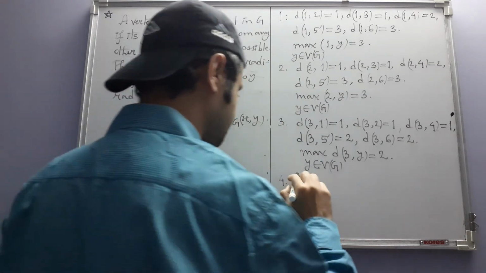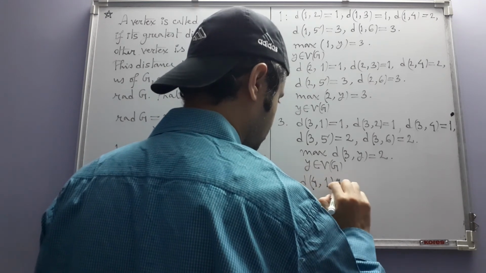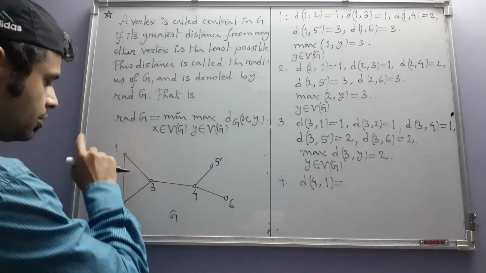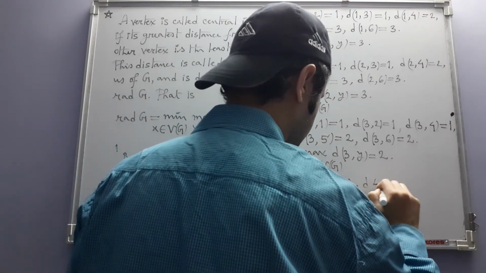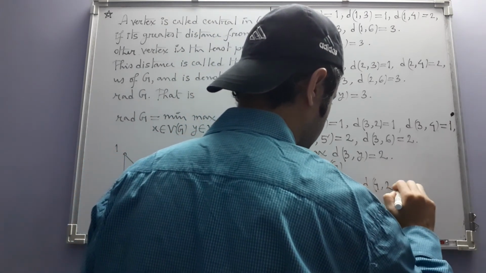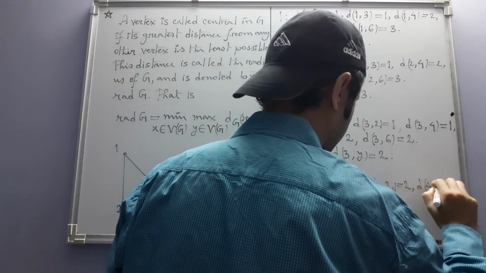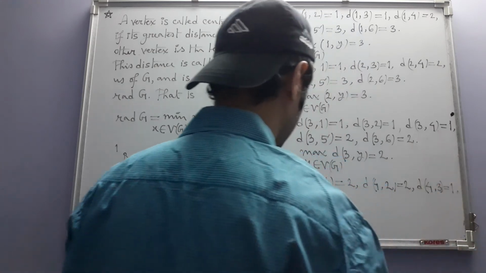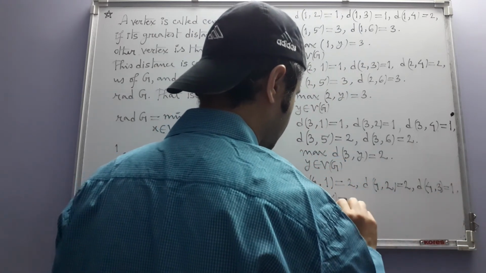Then 4. 4 and 1 is 2. The distance between 4 and 2 is also 2. The distance between 4 and 3 is 1. Between 4 and 5 is 1.